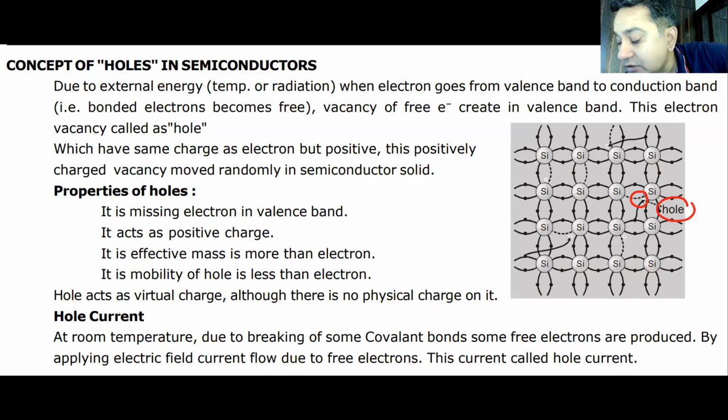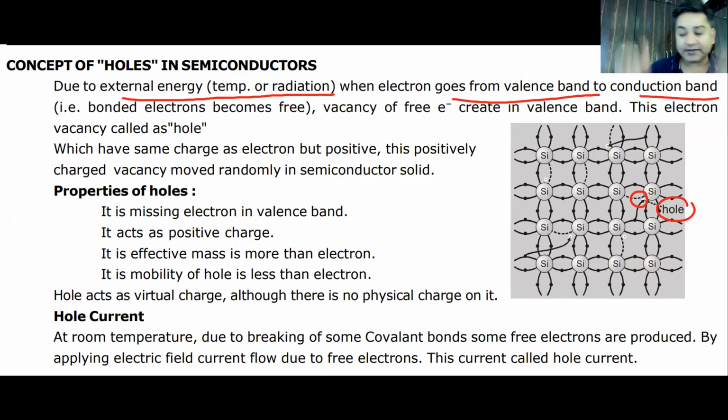Due to external energy, temperature, radiation, an electron will jump from the valence band to the conduction band. Do we understand this? Free electrons. If I heat up this semiconductor, any metal, particularly semiconductors we are talking about here, some electrons will jump from valence band to conduction band?